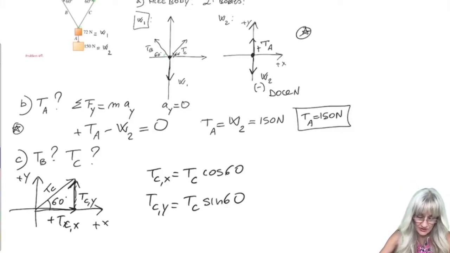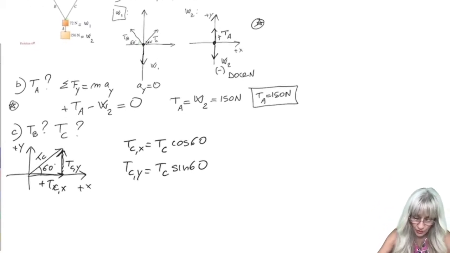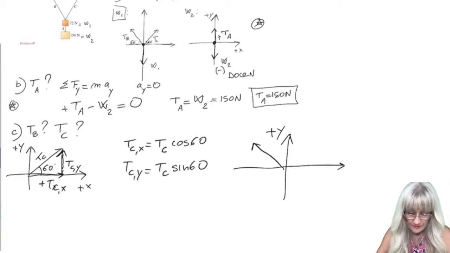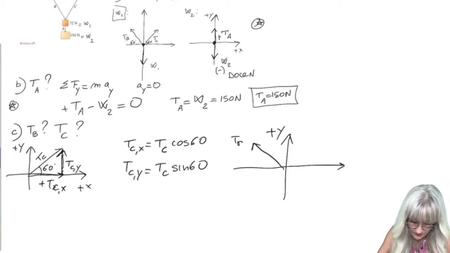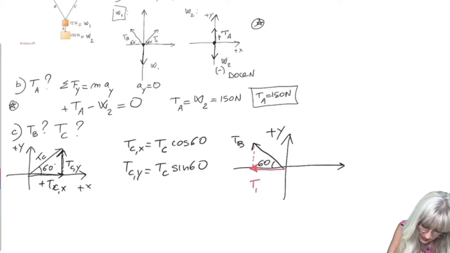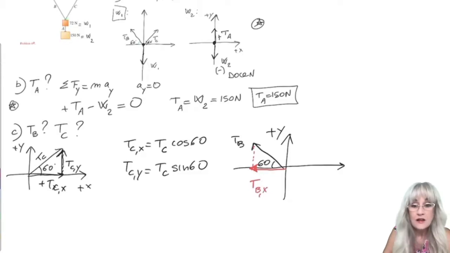I'm going to do the same for the other cable. This is my convention for the Cartesian axis, and this is T of B. This angle, I know, is 60. Now look what happened. This is component X, positive or negative?